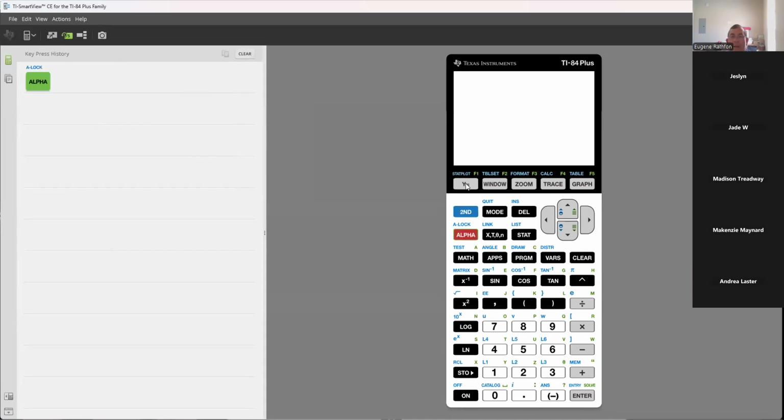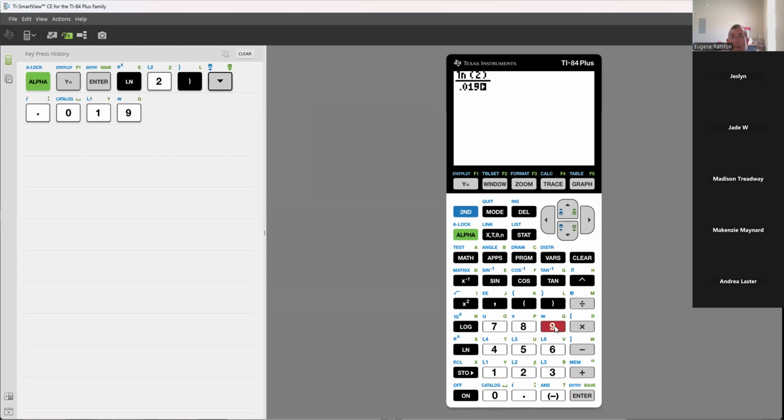So alpha y equals enter. On top, I got an ln of 2 close parentheses, and then that was 0.019. All right, y'all, we're going to round it to the nearest year. So I got 36.4. So y'all, that looks like 36 on that one, okay?